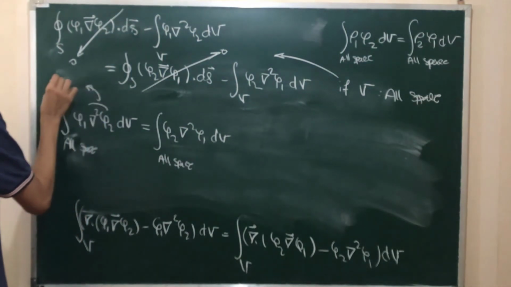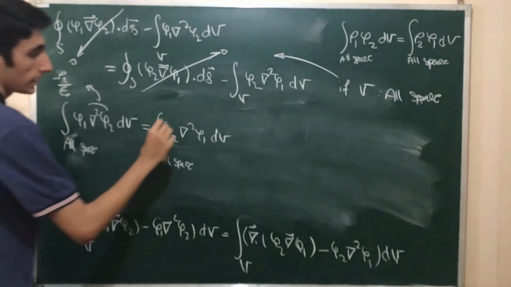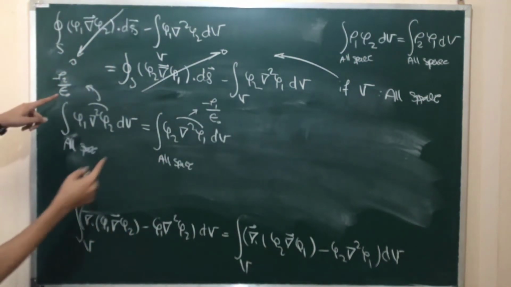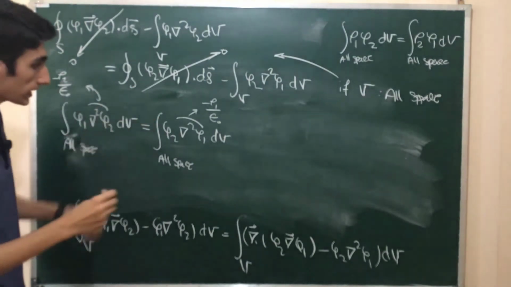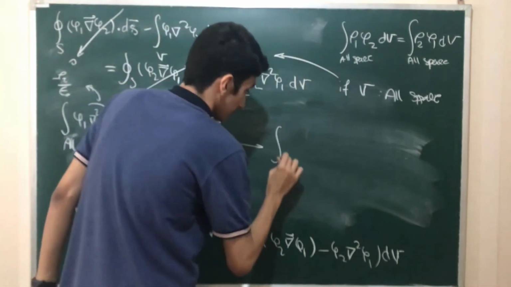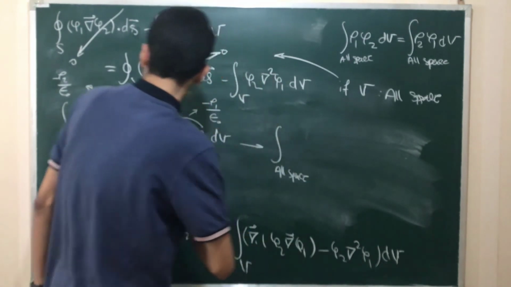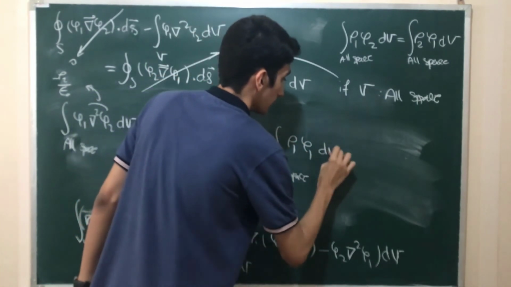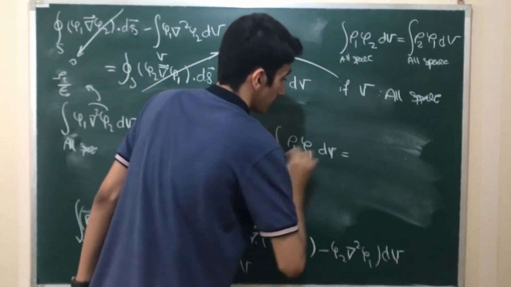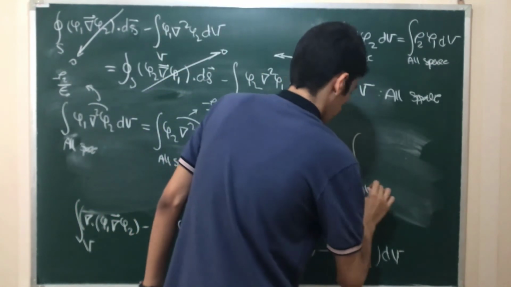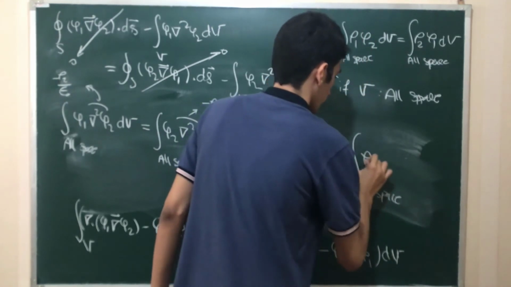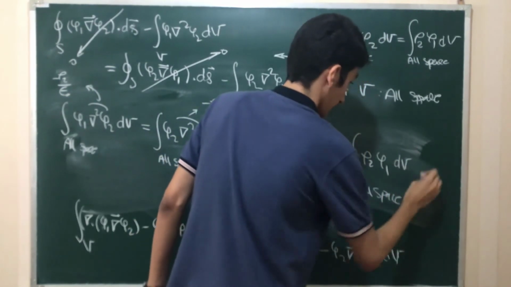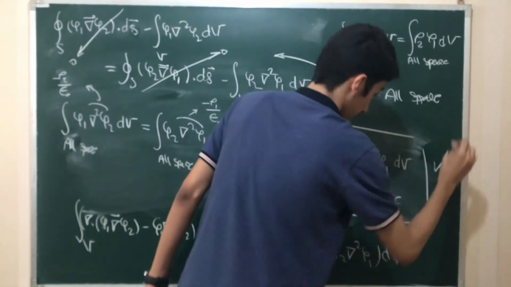So the epsilon 0s cancel out, and also the negative signs, and what we would have is that the integral over all space of rho 2 times phi 1 dV is the same as the integral over all space of rho 1 times phi 2 dV. And that's it.